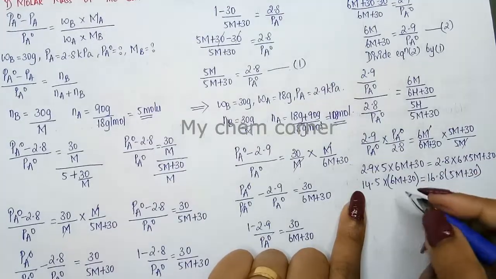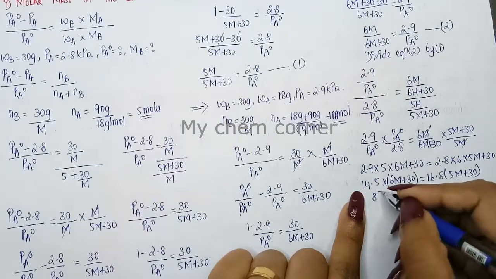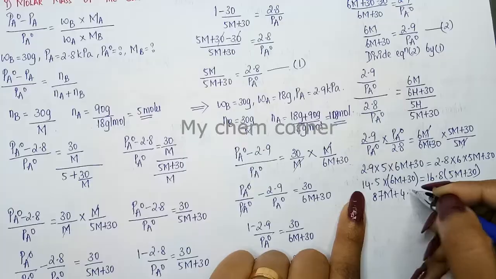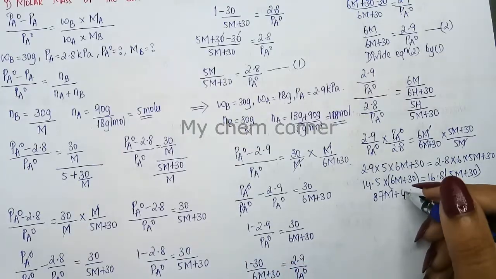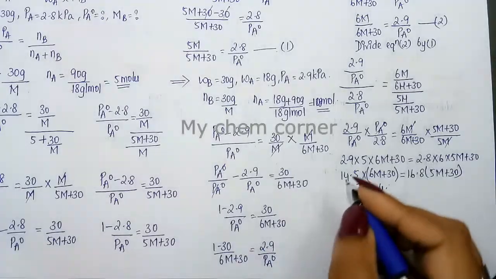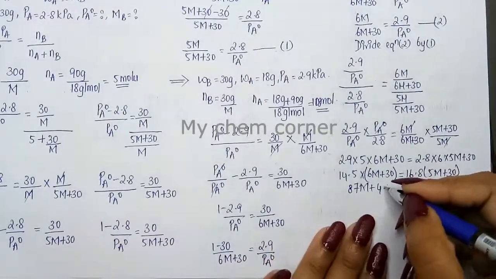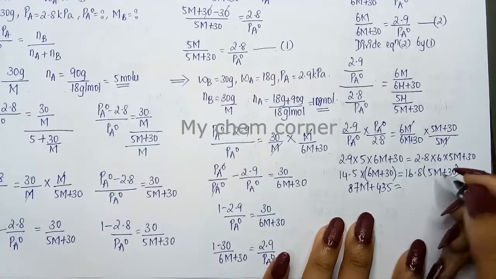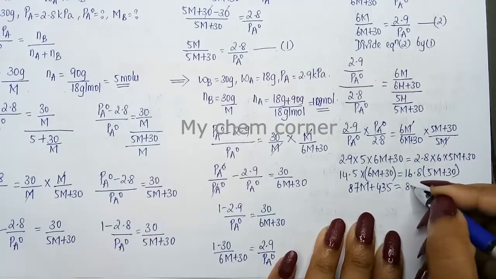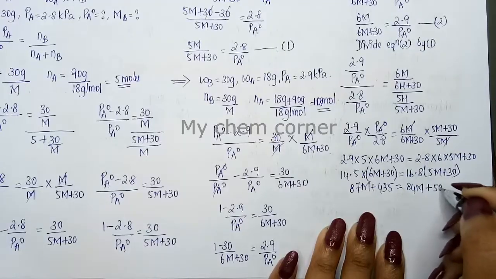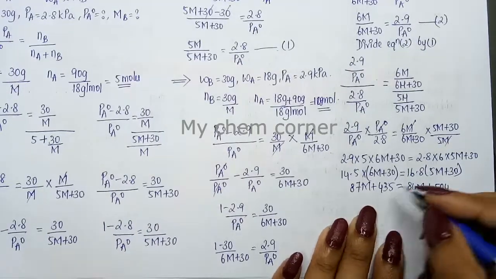After I multiply inside, I will get 87M plus 435 equals 16.8 into this, which is going to give 84M plus 504. Now let's separate the M values.